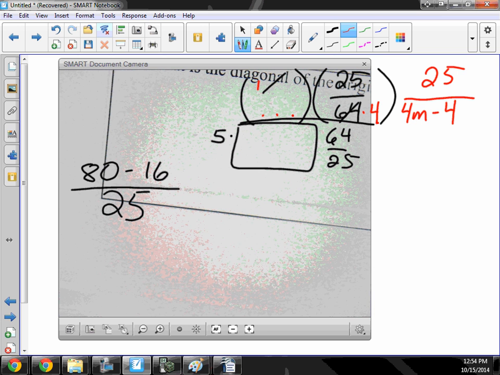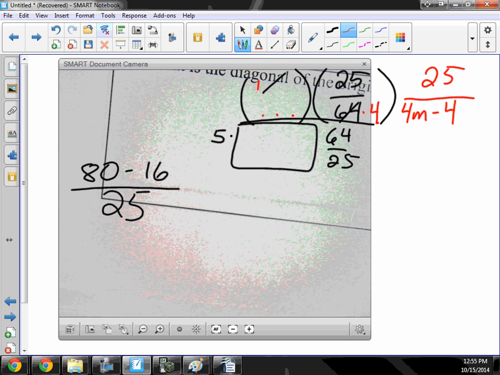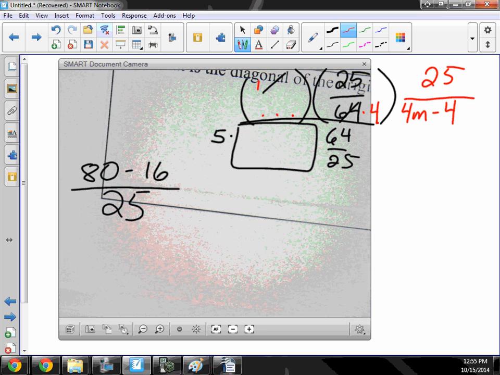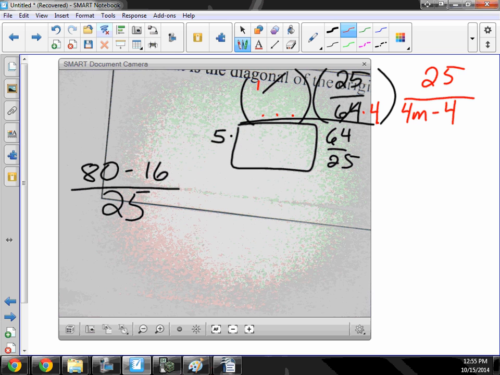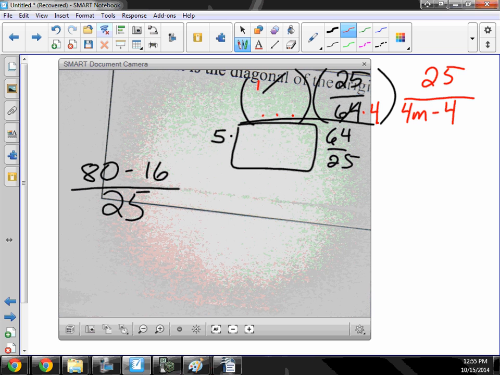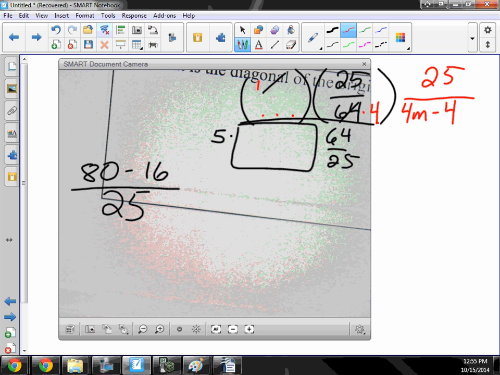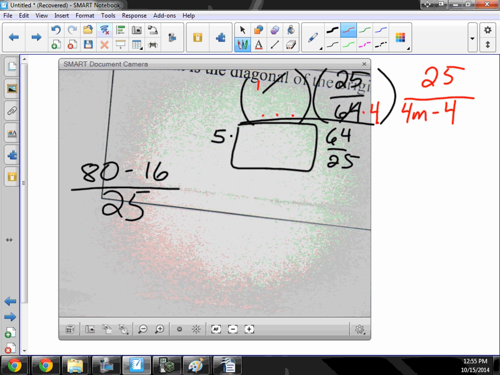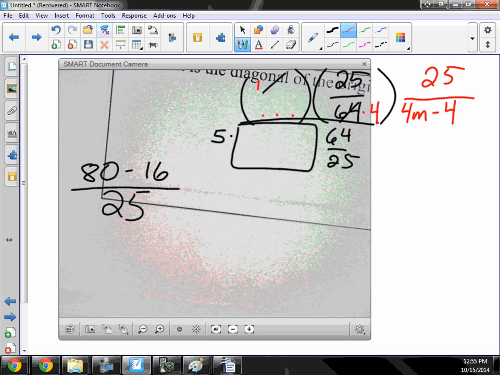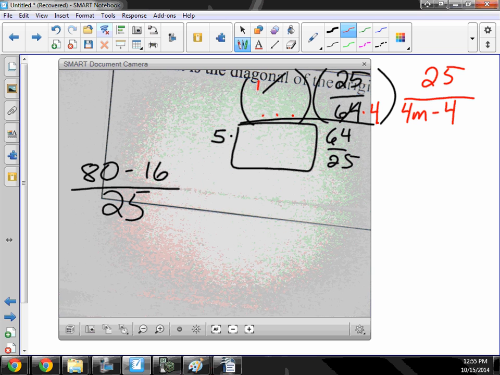What does the left side need? A. What does the right side need? A 5. Okay, number 9, in that top part, what is the common denominator? 36. So the left needs a 4 and the right needs a 9.